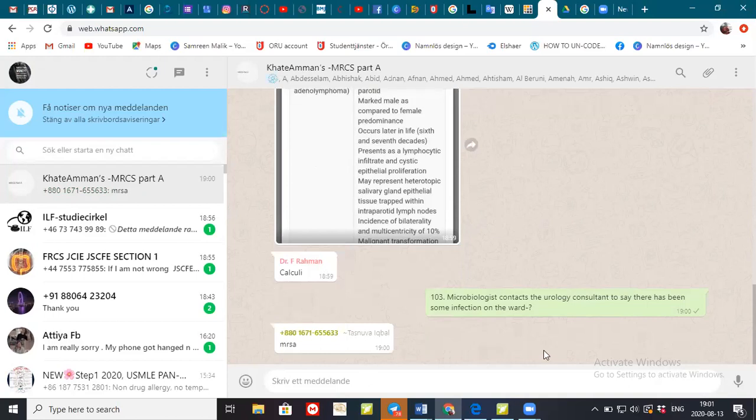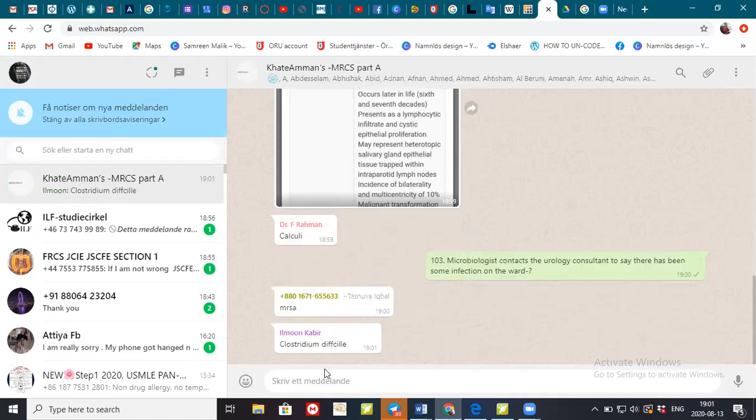The microbiologist contacts the urology consultant, and there has been some infection in the ward. It can be MRSA. It cannot be Clostridium difficile, because that is associated with the use of antibiotics and is mostly in the GIT. So this is most likely MRSA.